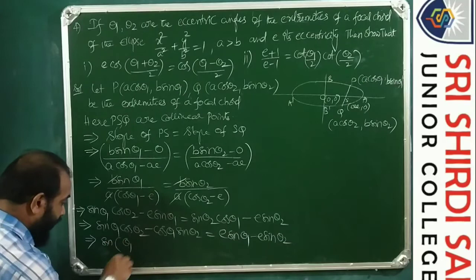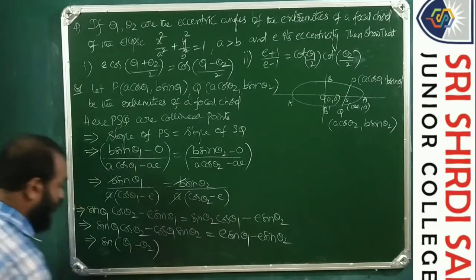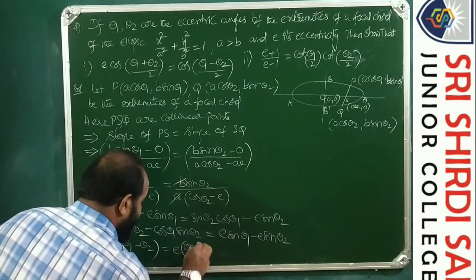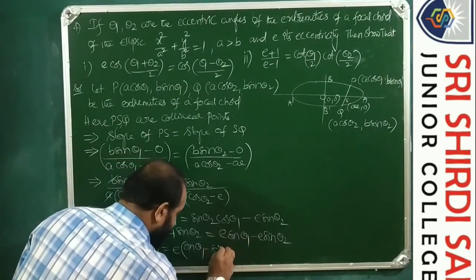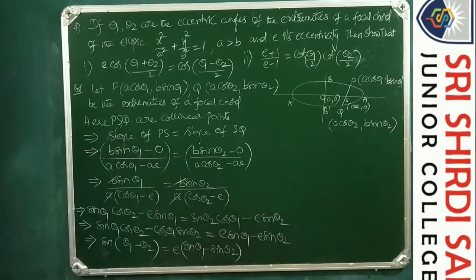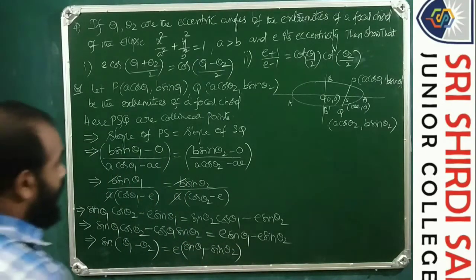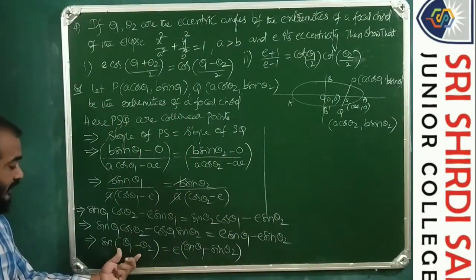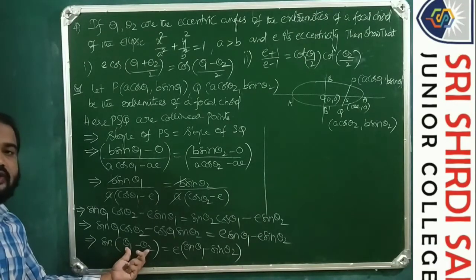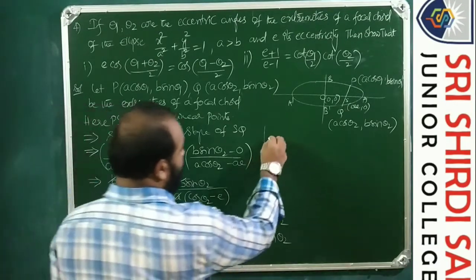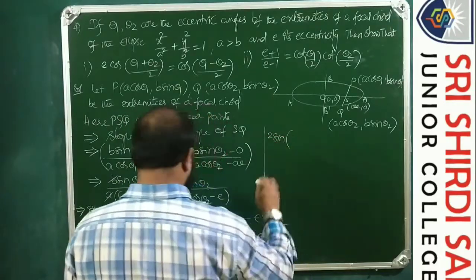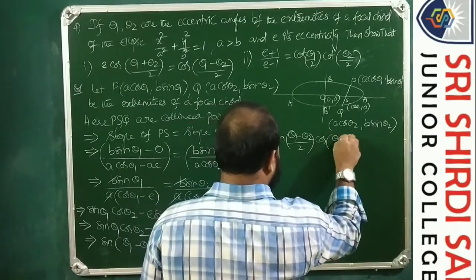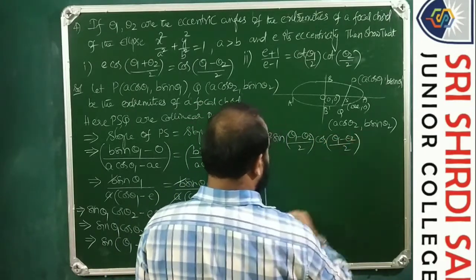So sin(theta 1 minus theta 2) is equal to e into (sin theta 1 minus sin theta 2). The left side is 2 sin((theta 1 minus theta 2) by 2) cos((theta 1 minus theta 2) by 2).